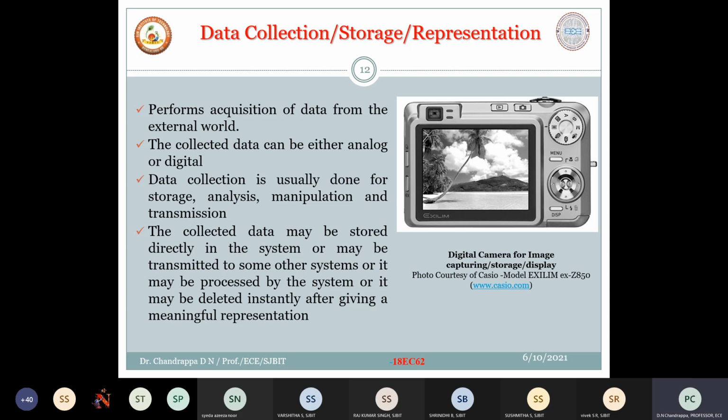Suppose you captured your selfie from a digital camera and you are not getting the proper background, or your face is not clear. By that time we can delete it and take one more image. Or otherwise, if the captured image requires any modification, you can do it.